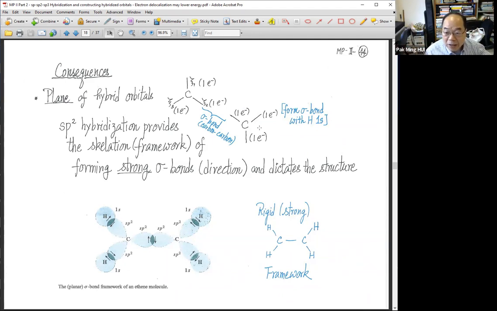As I already mentioned several times, molecules have the special effect of having 2 nearby atoms. Therefore, there's a special direction. So here for the second one, one of the hybridized orbitals will be pointing towards the other carbon's sp2 hybridized orbital. In doing so, this one will have a good overlap with this one and form a good sigma bond, which is strong. The other 4 will be bonding with hydrogen.